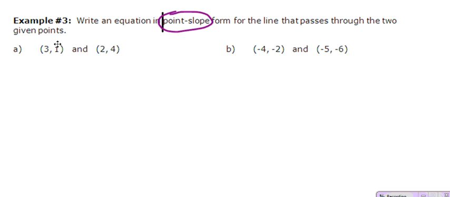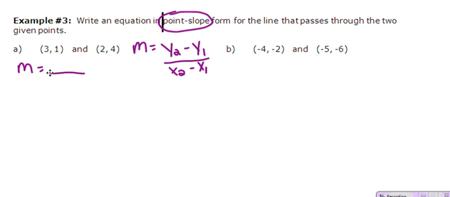But we have points and we can find a slope. Remember, if we have two ordered pairs, the way we find slope is y2 minus y1 over x2 minus x1. So I have to find my slope first. So that's what I'm going to do.